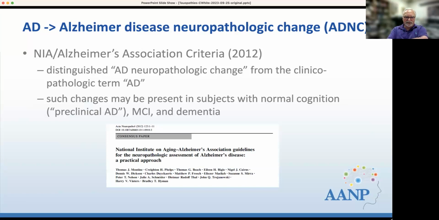And it was noted that such changes may be present in subjects with normal cognition, which we often refer to as preclinical AD. In mild cognitive impairment, that is usually just an affectation of limited cognitive modalities, most commonly memory, or full-blown dementia with the multi-domain cognitive impairment characteristic of full-blown Alzheimer's disease.